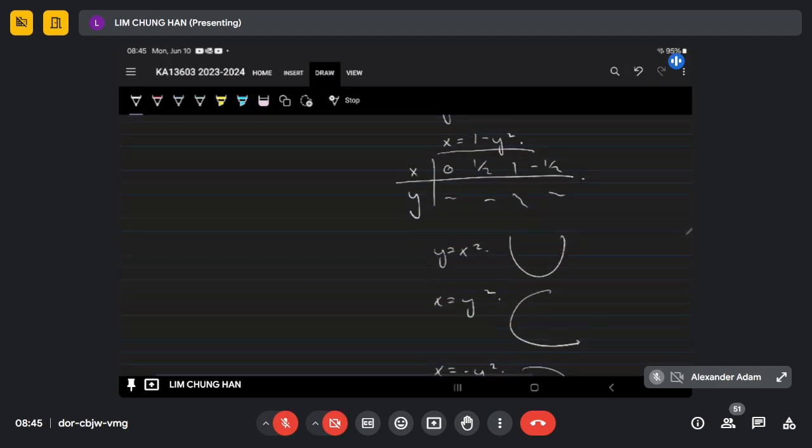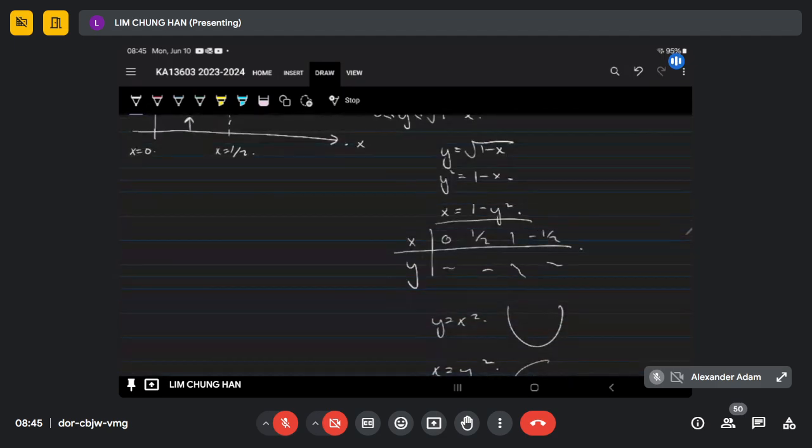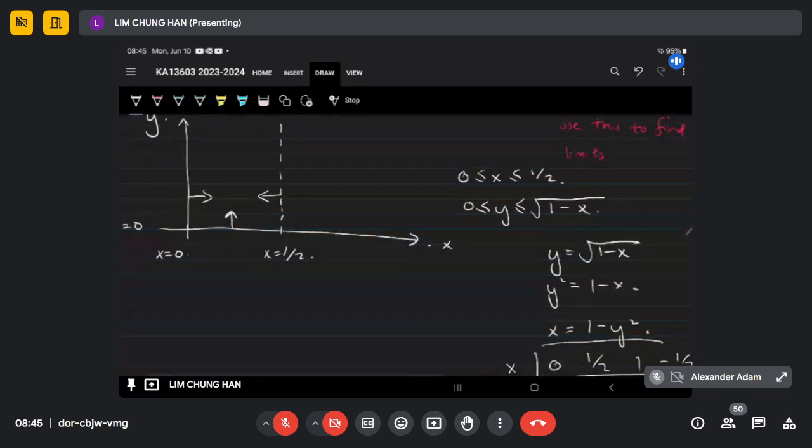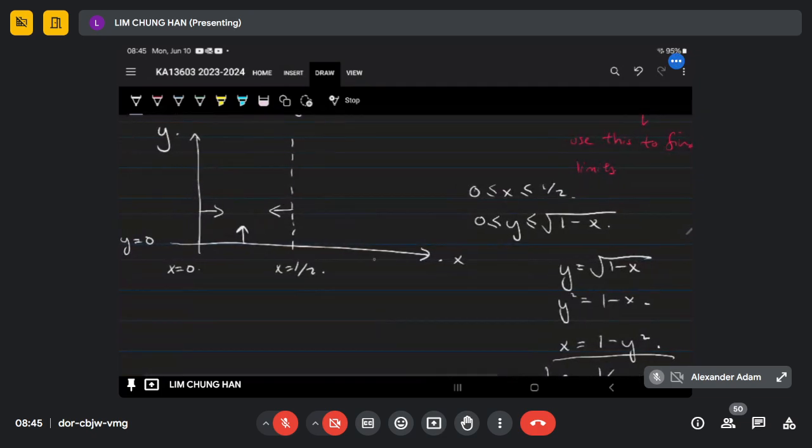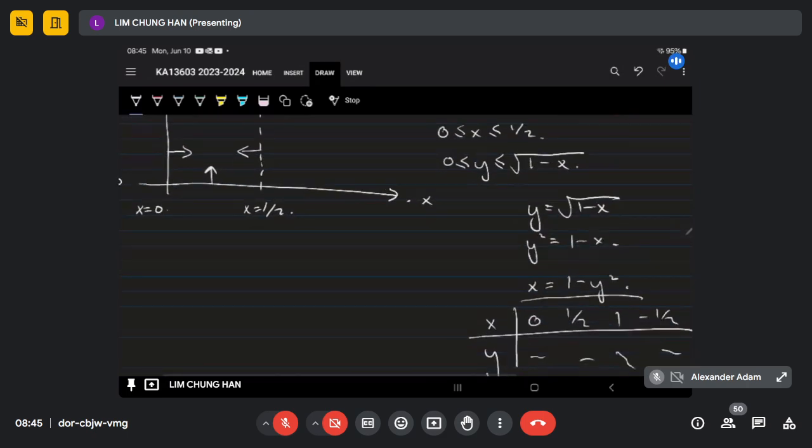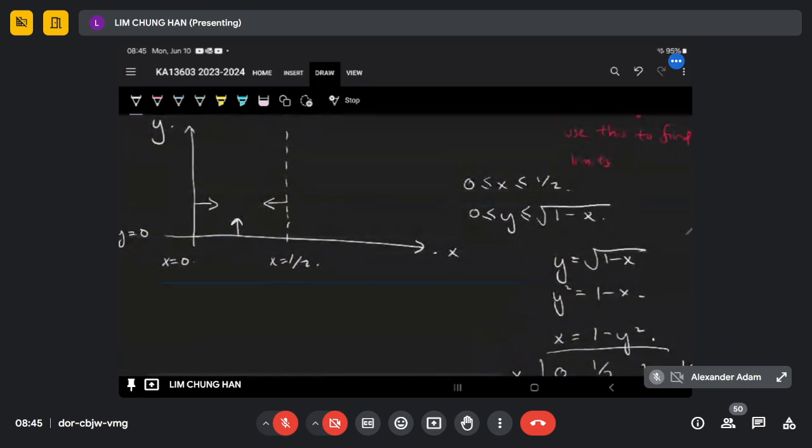So you can either guess the shape, or if you're not sure, you plot. If you look at this region, you know roughly what x and y coordinates we need. You use the same x and y coordinates here and you get a shape. Basically, it's this. You can plot to get the shape.